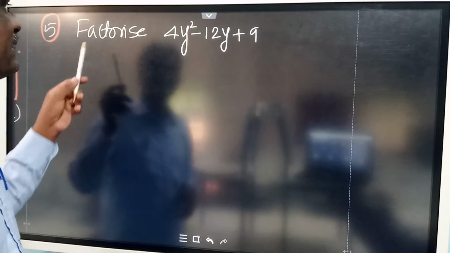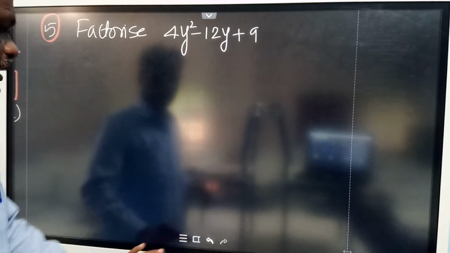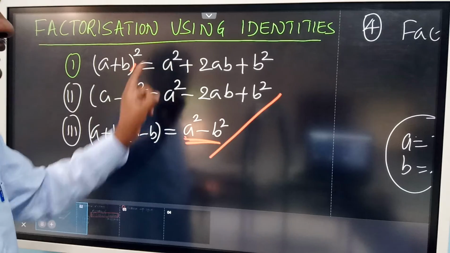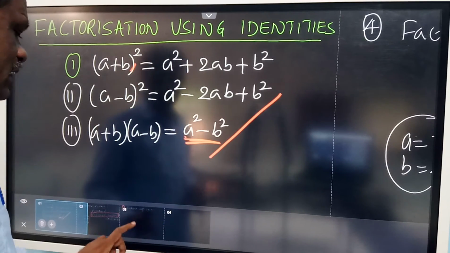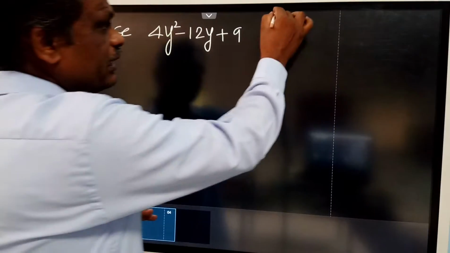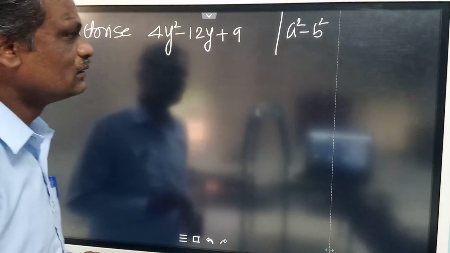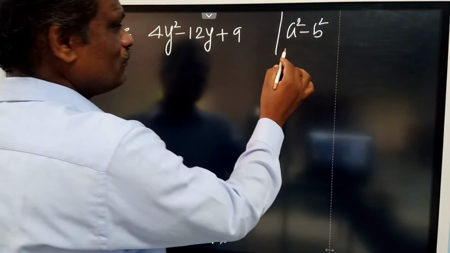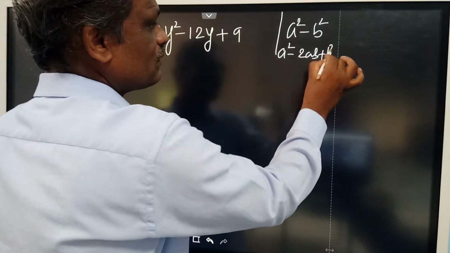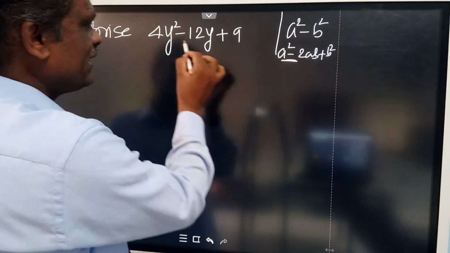The given question is 4y square minus 12y plus 9. Recall the formulas we have written. Among these 3, it must be one. The last formula cannot be accepted because it has only 2 terms, a square minus b square. Then the second formula, a square minus 2ab plus b square: we have 3 terms here, with a negative sign in the middle.